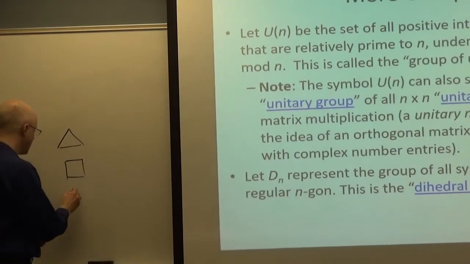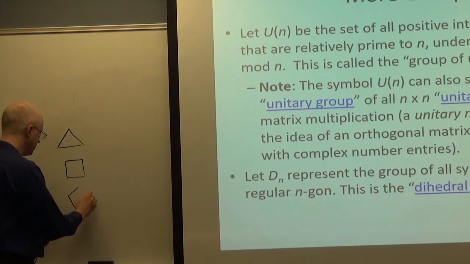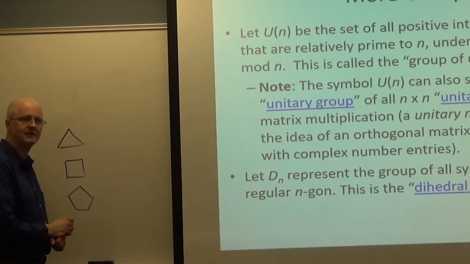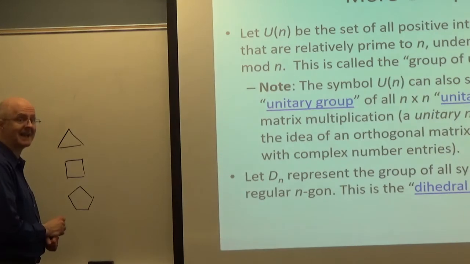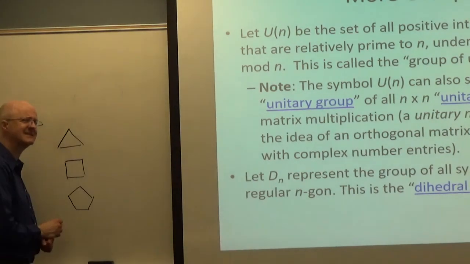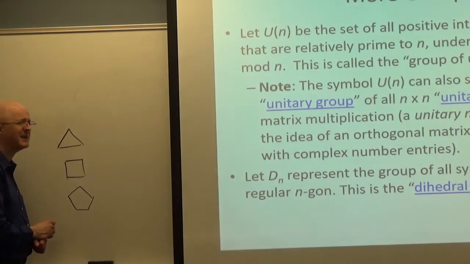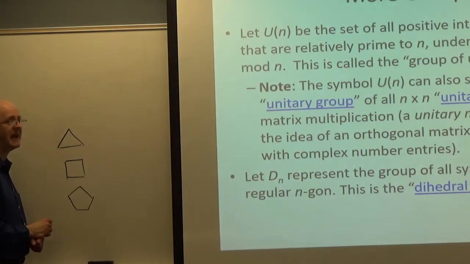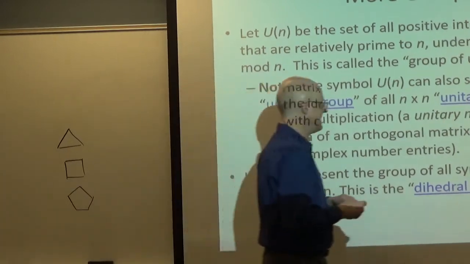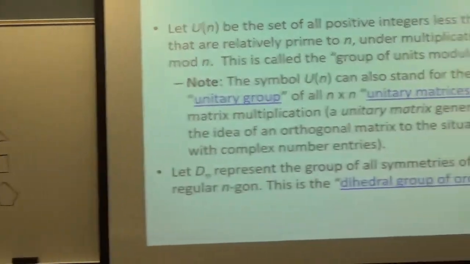A regular 5-gon is a pentagon that has all the same side lengths and all the same angles, which I cannot draw very well. A regular 6-gon is a hexagon with all the same side lengths and angles. A regular 7-gon is, I forget the name, heptagon maybe? I might be wrong. A regular 8-gon would be an octagon, yeah. Okay.